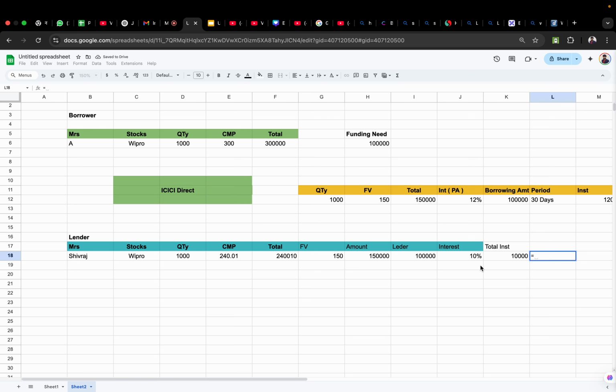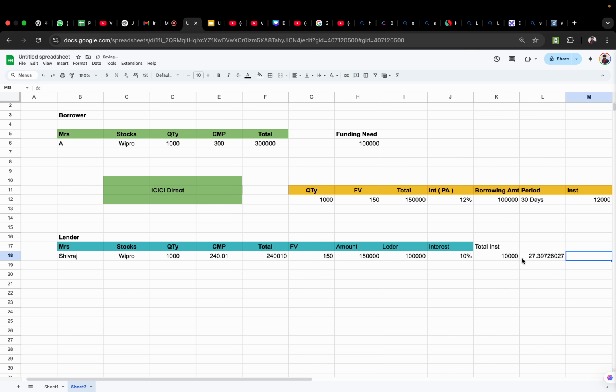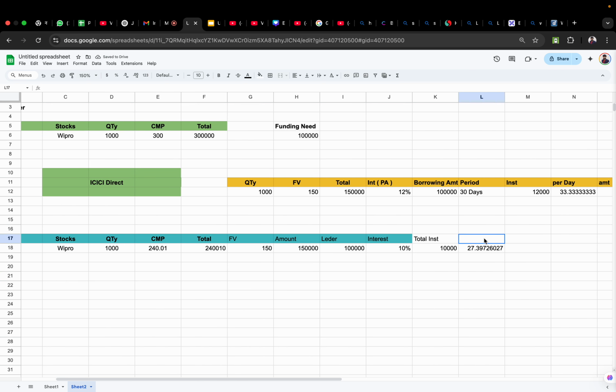And if I calculate day-wise, just simply divide by 365 days. So this would be the per day interest. And for 30 days it would be 27 into the 30 days. All right.